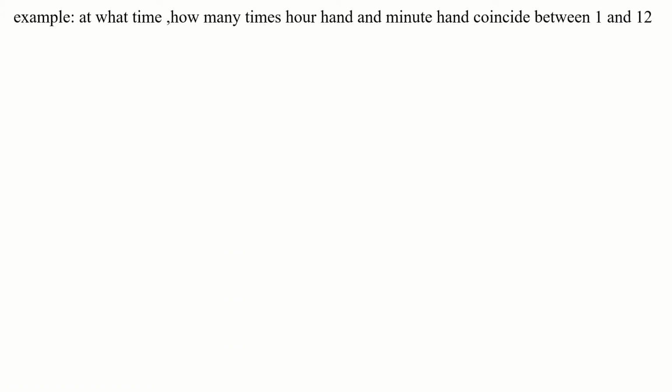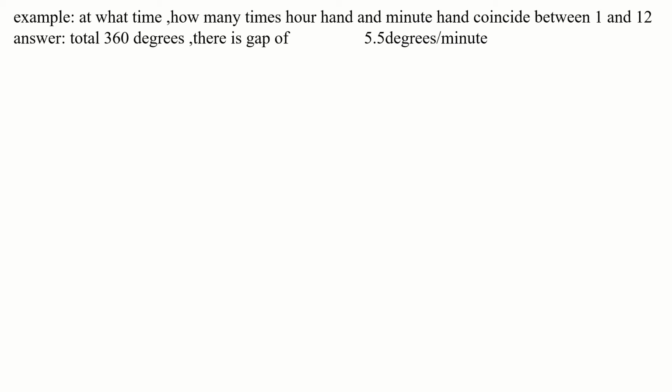So here is an example: how many times do the hour hand and minute hand coincide between 1 and 2? For this, we use the simple conclusion that the gap between the hour hand and minute hand is 5.5 degrees every minute.